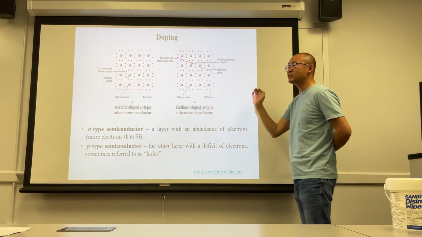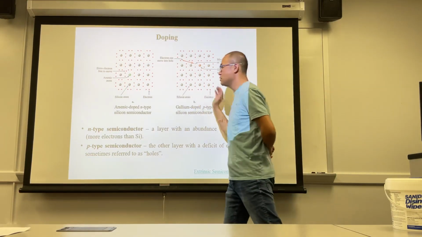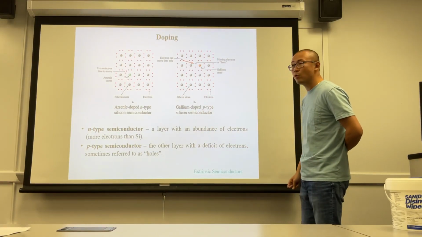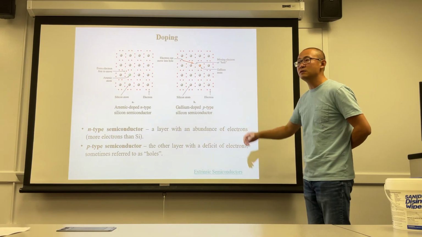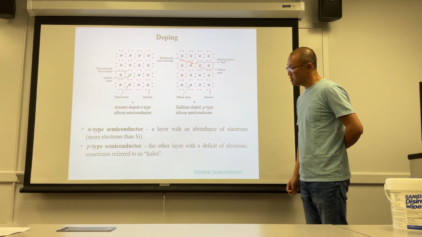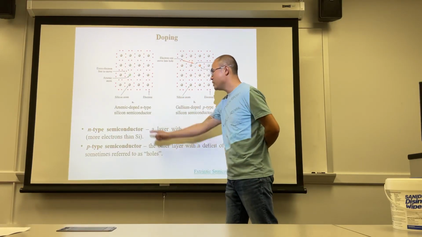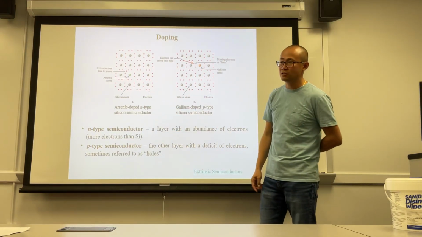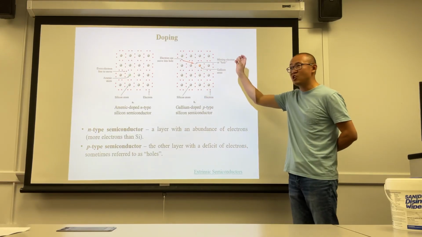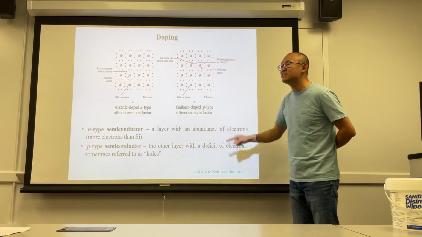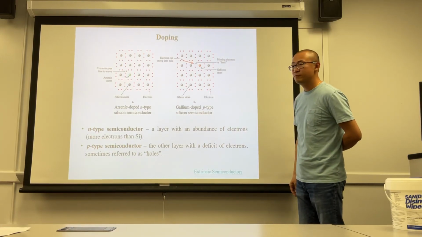After doping, these two layers, or these two semiconductors, have two very important names in the PV field. The one doped with arsenic, with an extra electron, is called the N-type semiconductor. The one doped with gallium, with a hole, is called the P-type semiconductor.